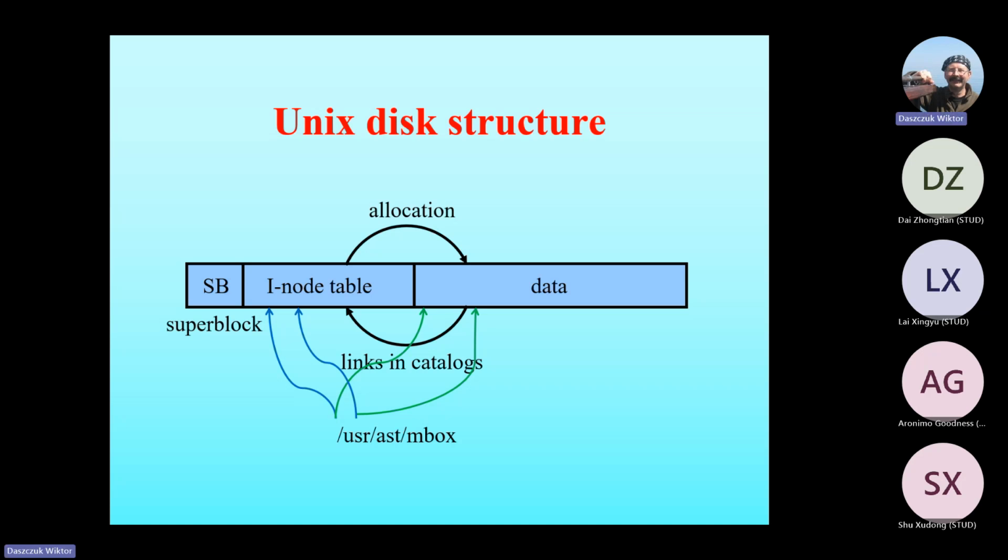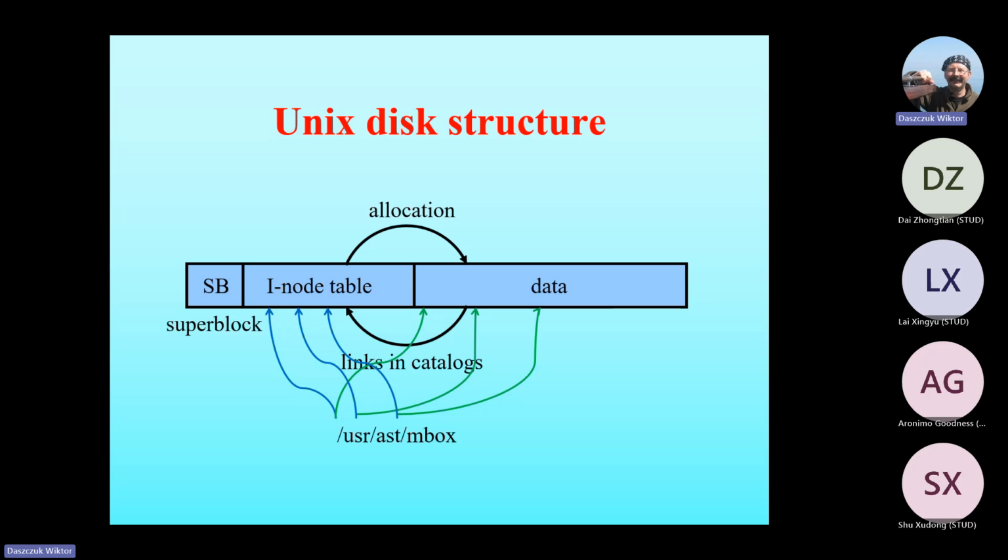We read the content of USR directory, searching for AST. When we find AST, we have inode number of AST, and we read the block number containing AST. It is somewhere in data.